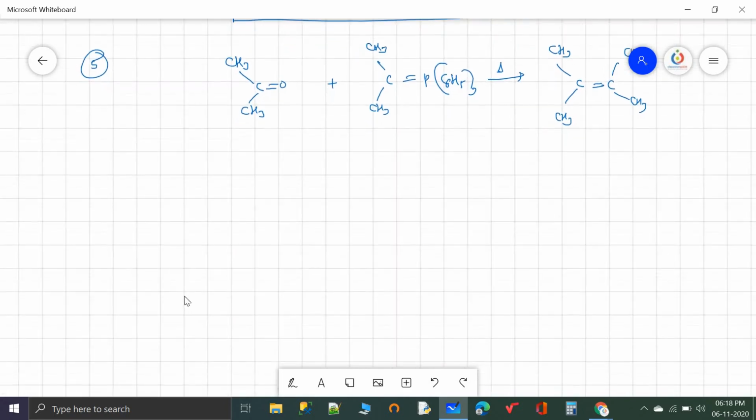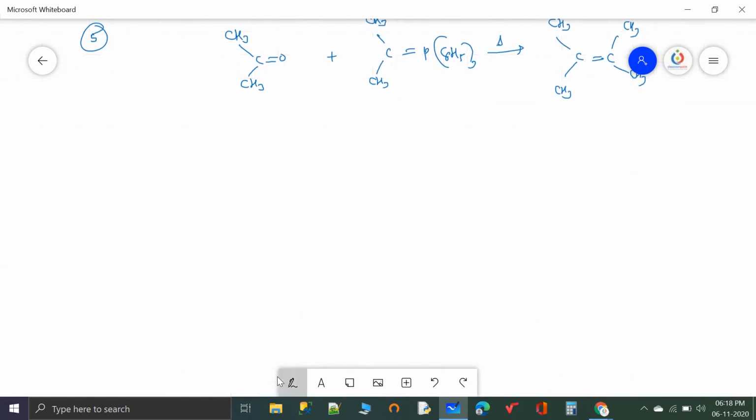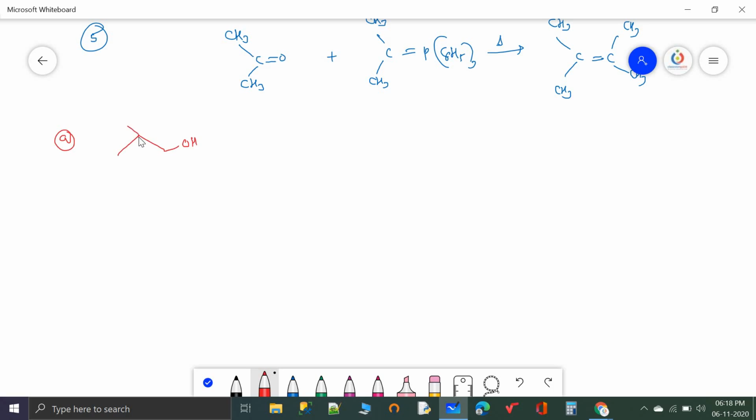Okay, now let's see some example reactions. Please note down these example reactions and try to solve these questions. First question is A, concentrated H2SO4.